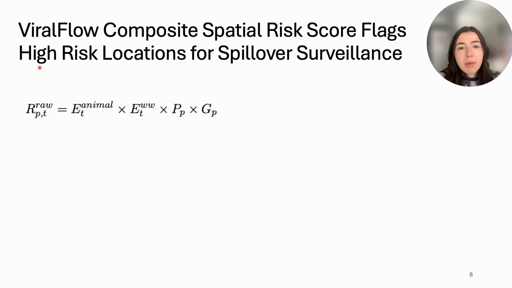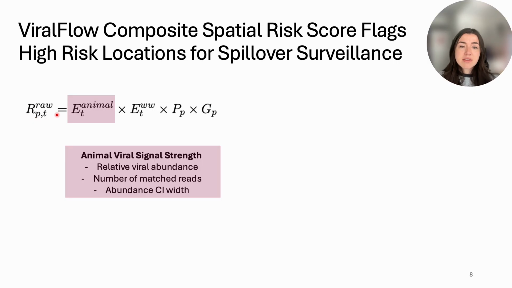And so again, this is a composite score, which is the product of 4 different components. So the score for each plant P and virus T incorporates an animal viral signal strength, which looks at the relative abundance of the viral signal from the reads, as well as the number of matched reads and the confidence intervals of the abundance.